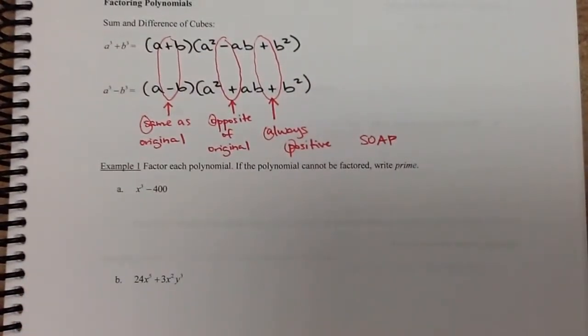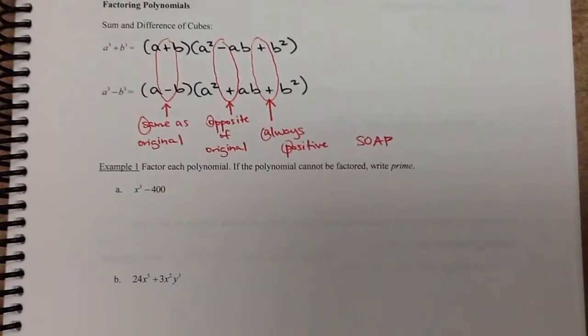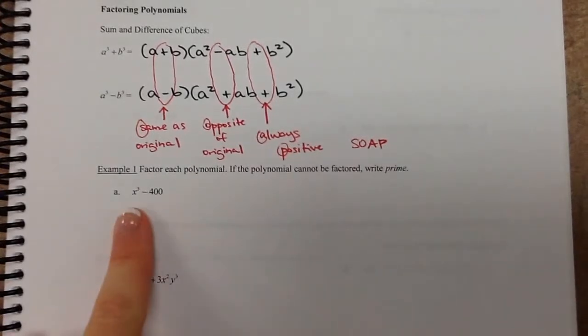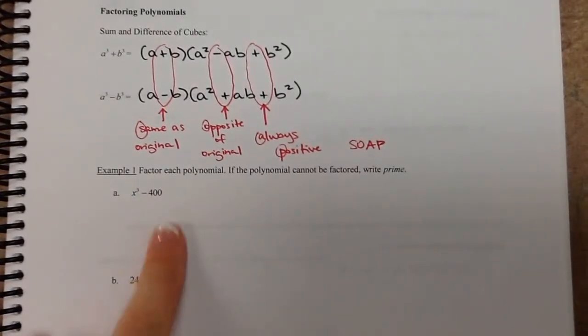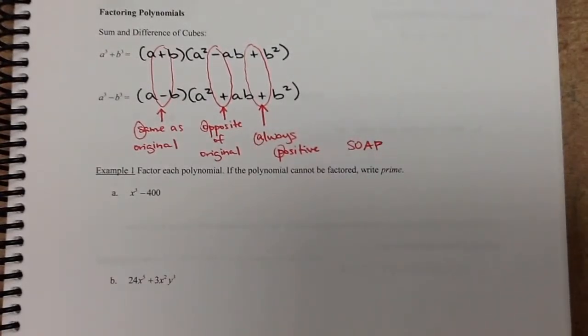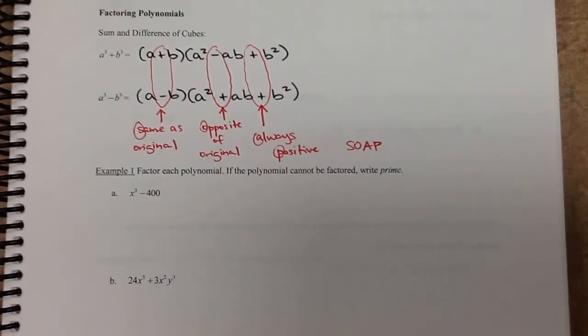So the first thing you do every single time that you're factoring is you look for a GCF. If you have a GCF that can come out first, a lot of times it'll make things simpler. So this one, there's nothing that x cubed and negative 400 have in common, so there's nothing that we can do to simplify that any further. So we can tell, obviously, that the x cubed is a perfect cube.